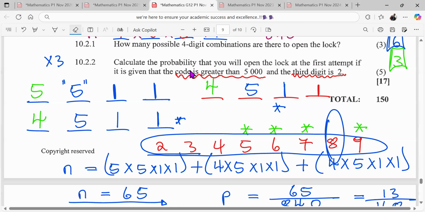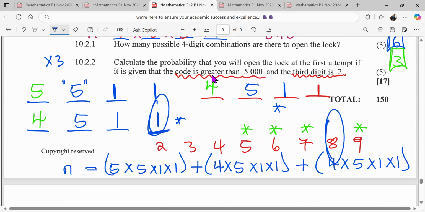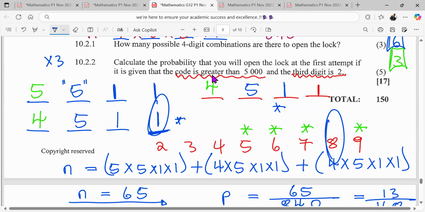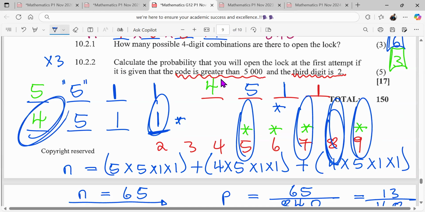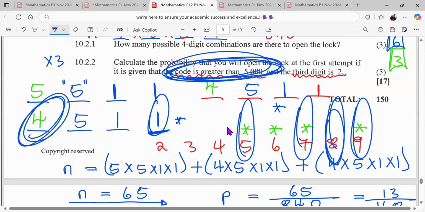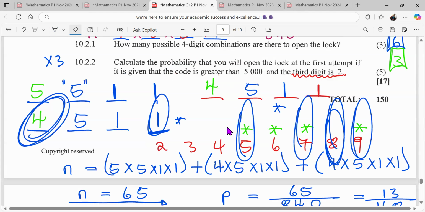We had to be specific, that's what I'm trying to say. If I put a 6 here on the last position, as I did, of course, I need to see that the remaining numbers are 5, 7, 8, and 9. 4 numbers that are eligible, that qualify to be placed on the first position so that the code is greater than 5,000. Yes.